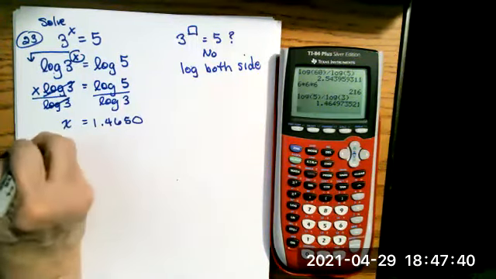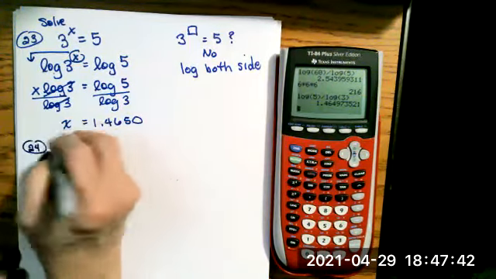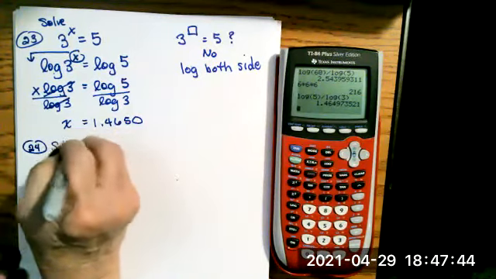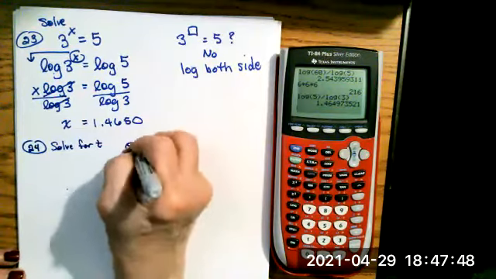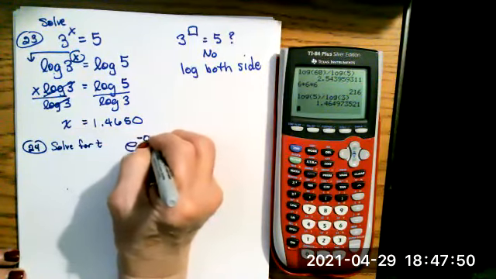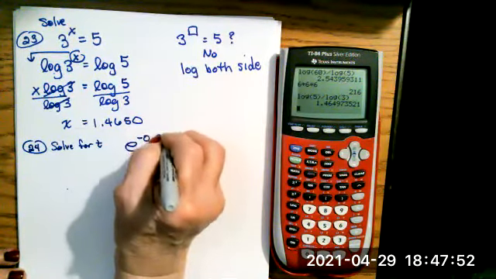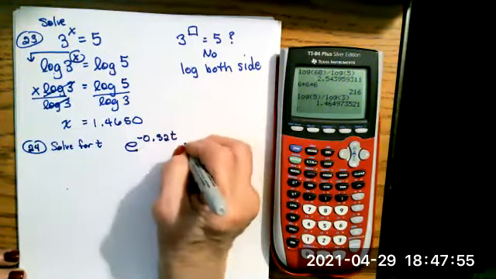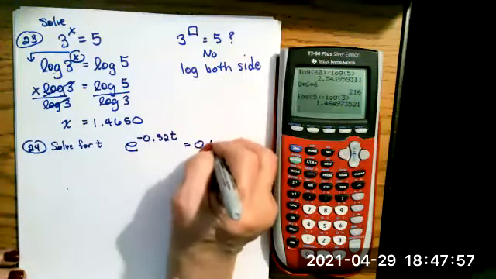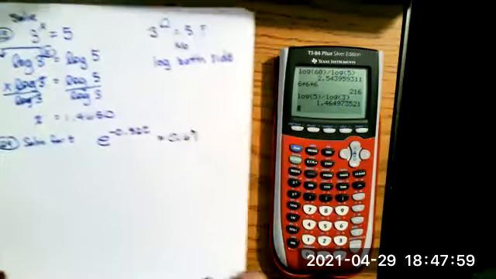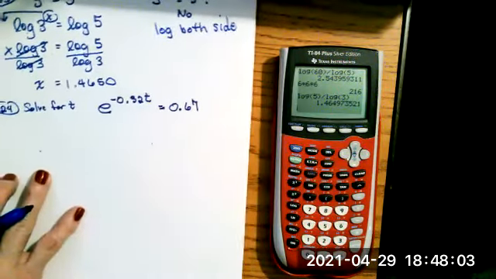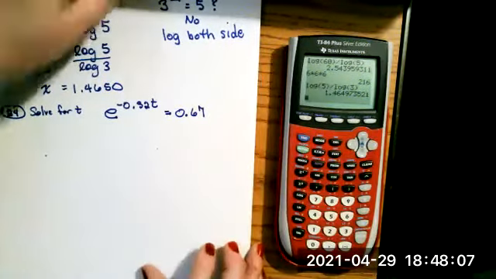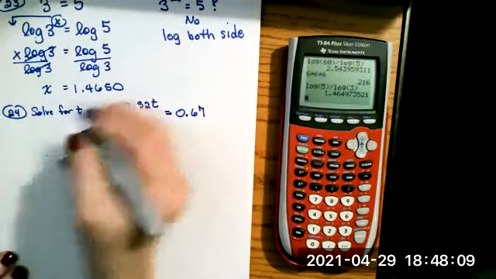Okay, let's do 24. 24 says solve for t, and it gives you an e this time. Negative 0.32t equals 0.67. So this time, instead of logging both sides, because this is an e base, what I want to do is ln both sides.